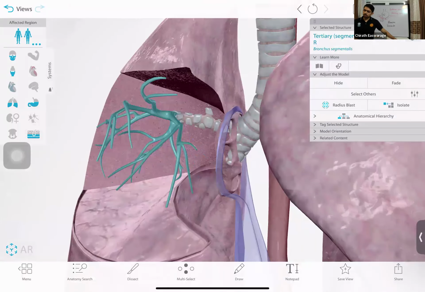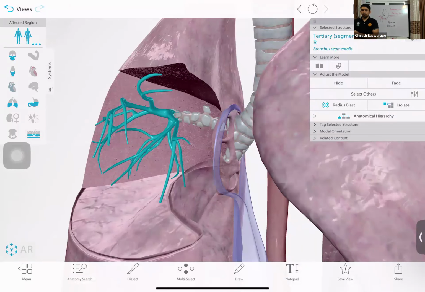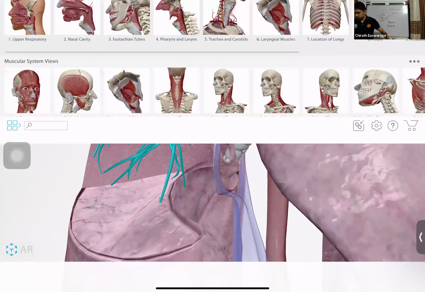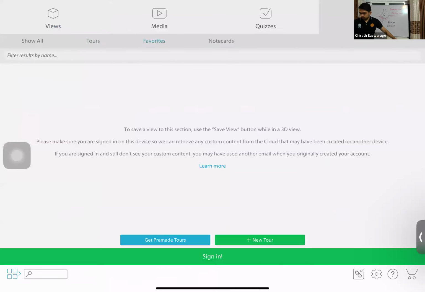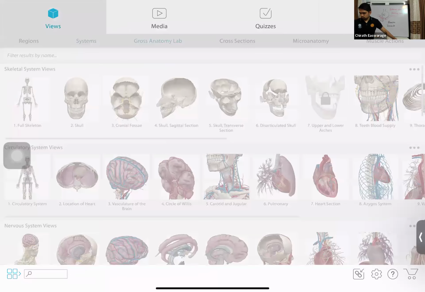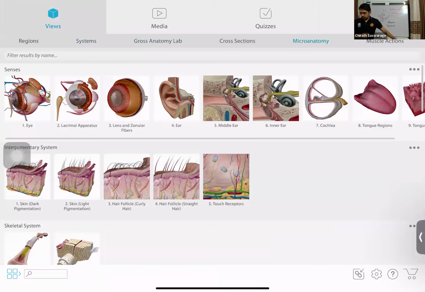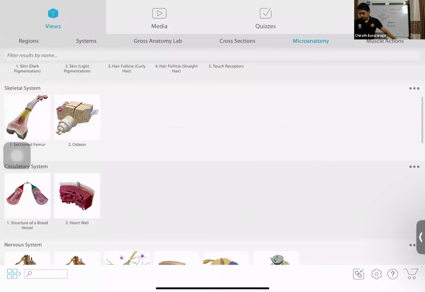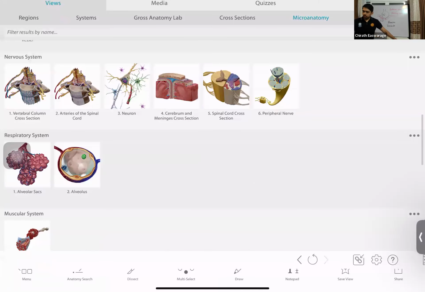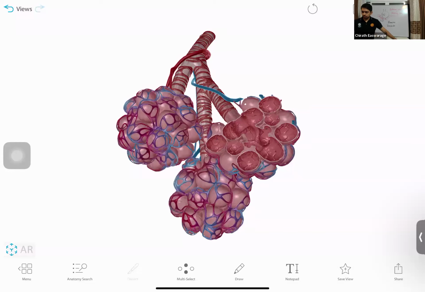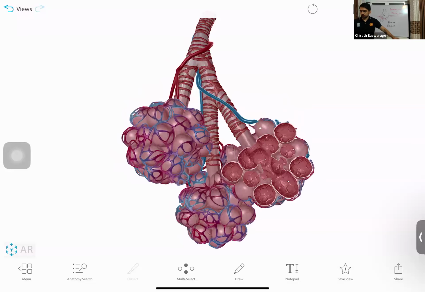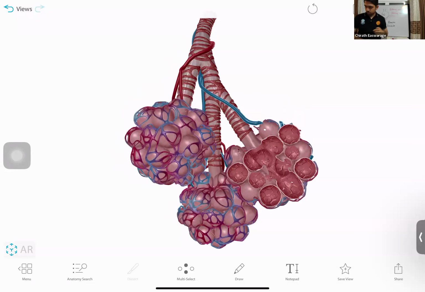That are going to end in what? What is at the end of this tube system? Can you see these structures? It's like a bunch of grapes. Yes, alveoli.